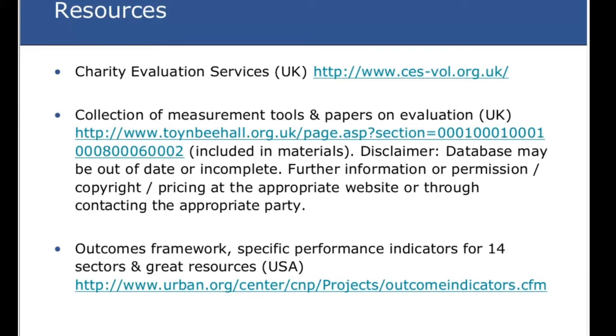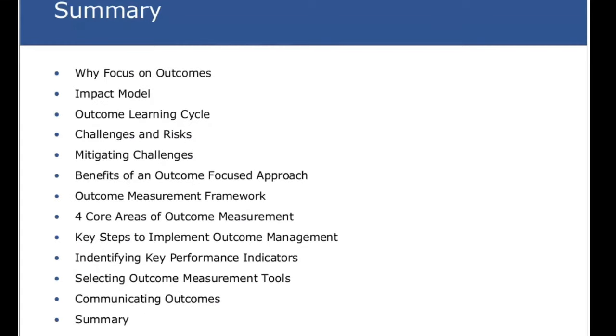So visit that site, and if your sector is not one of the 14, I think you'll find among them something that's very adaptable for your specific organization. So it's been a very intensive learning day.